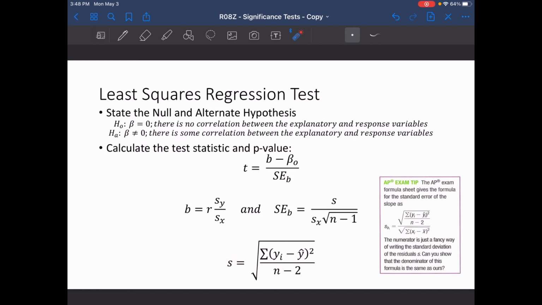And then s is going to be this formula right here. As an AP exam tip, the AP exam formula sheet gives the formula for the standard error of the slope as s of b. The numerator is just a fancy way of writing the standard deviation of the residuals, s, and the denominator is the square root of the sum of the squared deviations in this case as well.